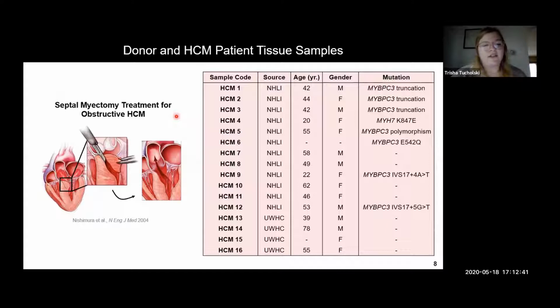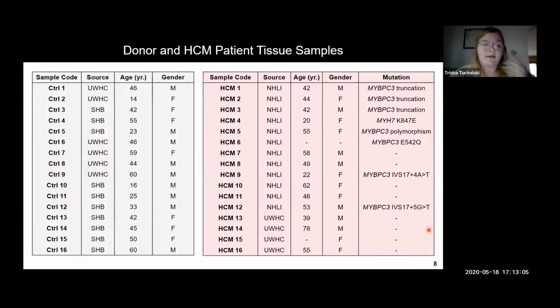And so patients who come in can undergo this treatment called a septal myectomy. And this tissue is what we've actually obtained for analysis. So we have obtained these septal myectomy tissues, and you can see it's from a variety of different genders and ages. And we actually have information about the mutations for at least 8 of these samples.